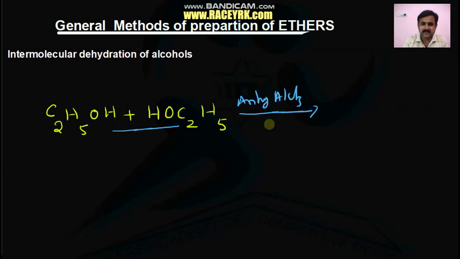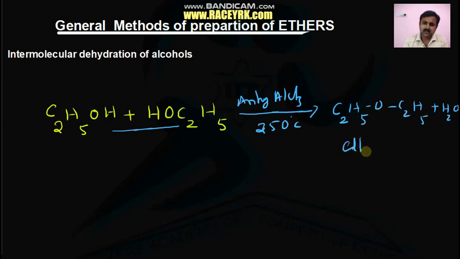Anhydrous AlCl3 at 250 degrees Celsius will definitely give an ether, that is diethyl ether, a common ether in our discussion, C2H5OC2H5 plus water. Here also removal of water took place and we got the ether, diethyl ether. It is one of the best methods to get symmetrical ethers.